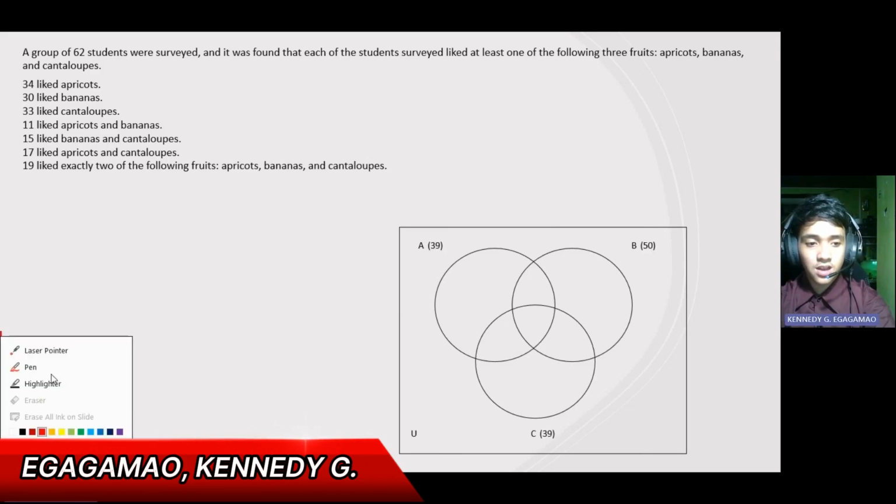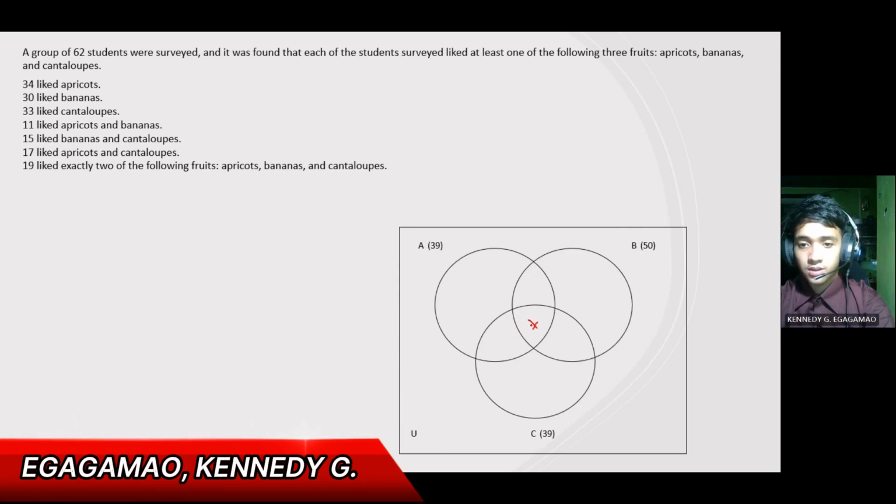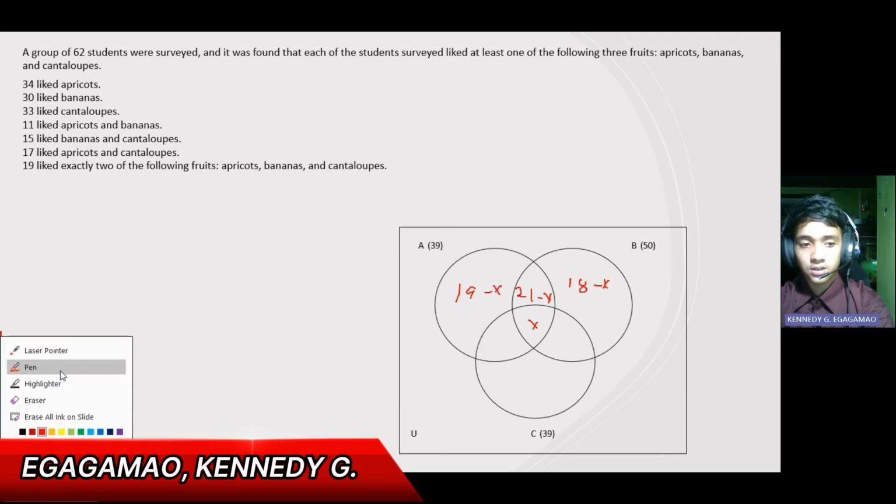So let's proceed to the equation. I put x in the middle. If this is x, it has to be 21 minus x, it has to be 18 minus x, and lastly 19 minus x. I'm going to set up an equation and solve for x.